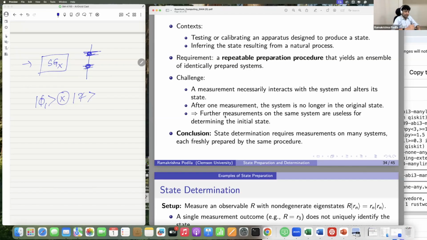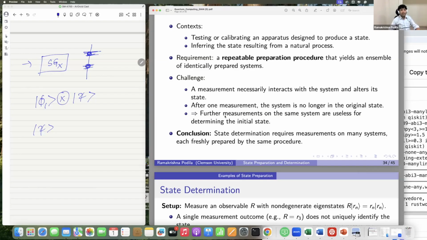So let us say I have some state psi from state preparation, and I want to measure it. That measurement automatically means that I'm going to disturb the state, right? So if I make the next measurement after one measurement, the next measurement would no longer yield the same result, because now my state has changed.